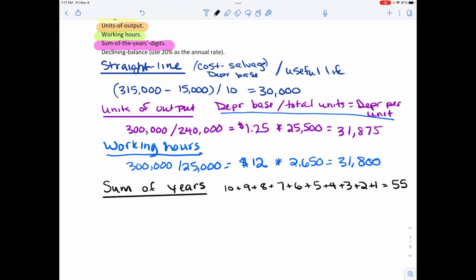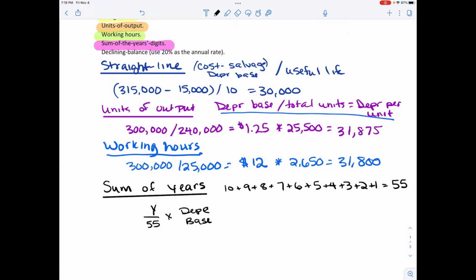If you add all those up, you get 55. So that means each year, when you do the calculation, you're just taking whatever year it is, dividing by that sum of the years, which here is 55, and then you're going to multiply that by your depreciation base.